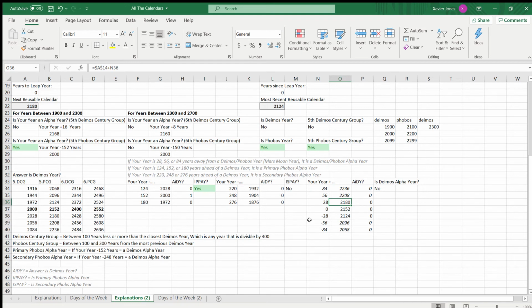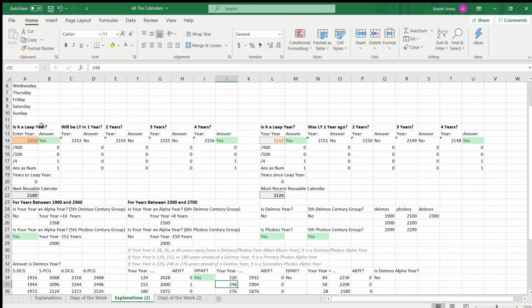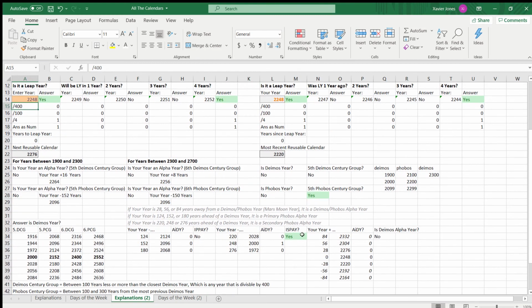Once you go over to the year 2200, you have to go into our secondary Phobos century group. So, for example, the year 2248 is our secondary Phobos alpha year.